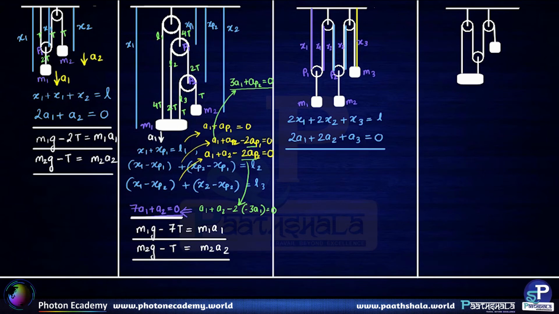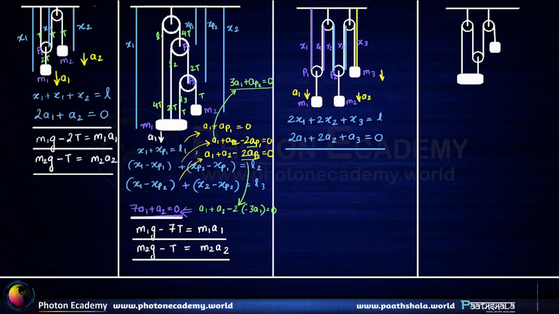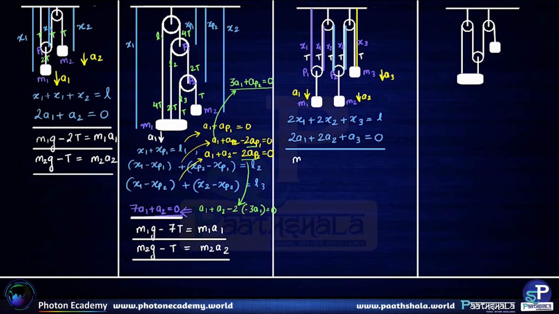For the mass m1, we are assuming the acceleration to be in the downward direction a1. Here the acceleration for mass m2 is a2 in the downward direction, and for the mass m3 it's a3 in the downward direction. So basically the tension in the string is T because it is one and the same string. So for the mass m1, 2T will be the tension acting in the upward direction. So m1g minus 2T is equal to m1a1.